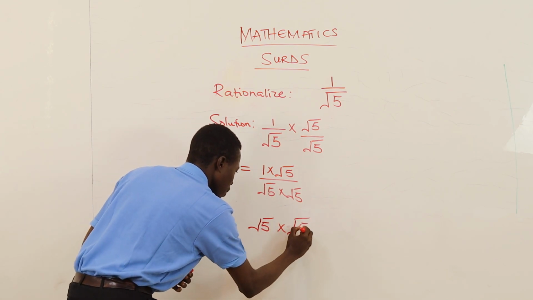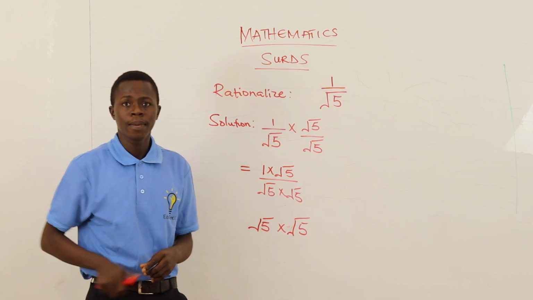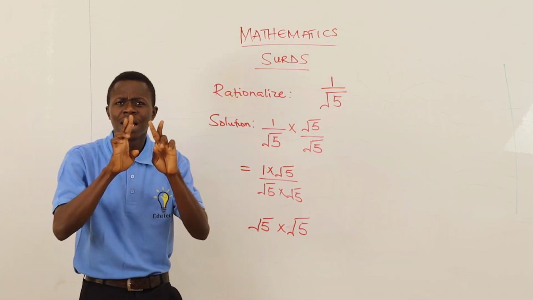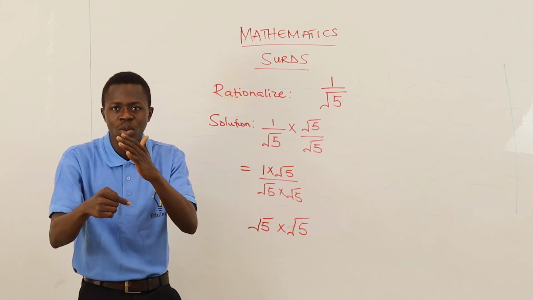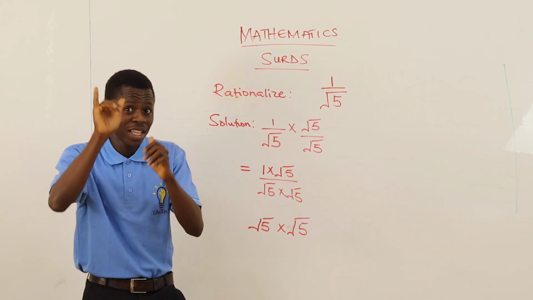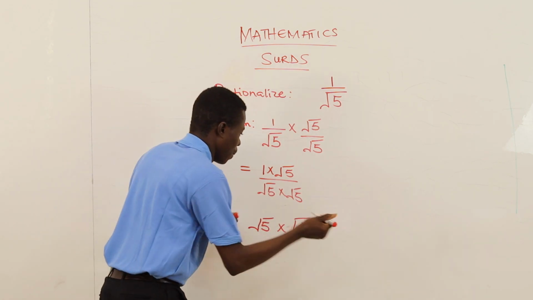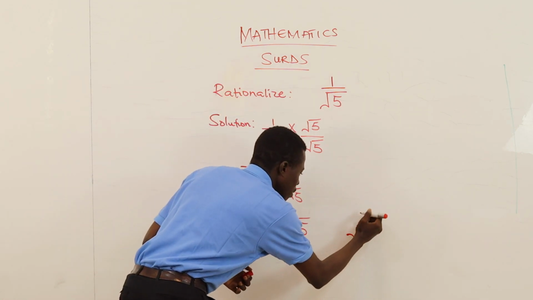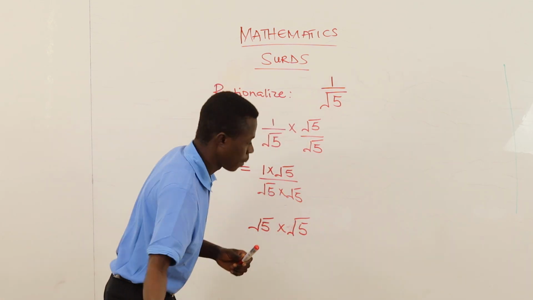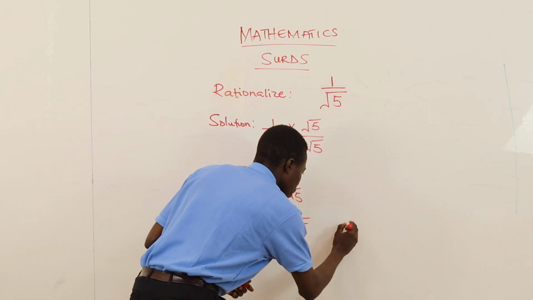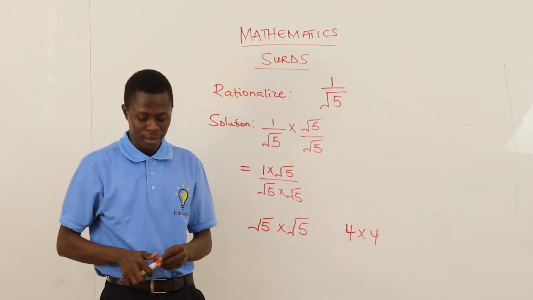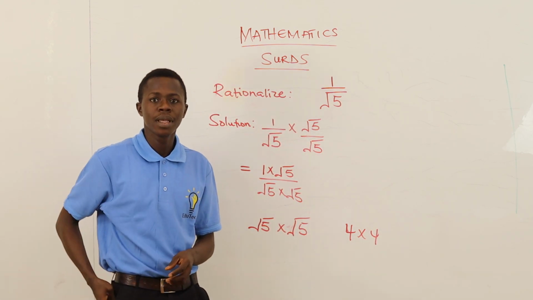You see we have square root of 5 multiplied by square root of 5. What would the answer be? In our previous lessons with regards to surds, we said that when you multiply two surds which have the same number within the square root sign, what would the answer be?